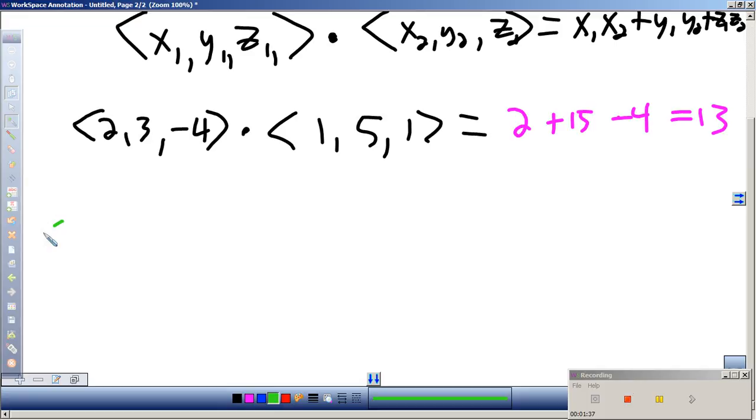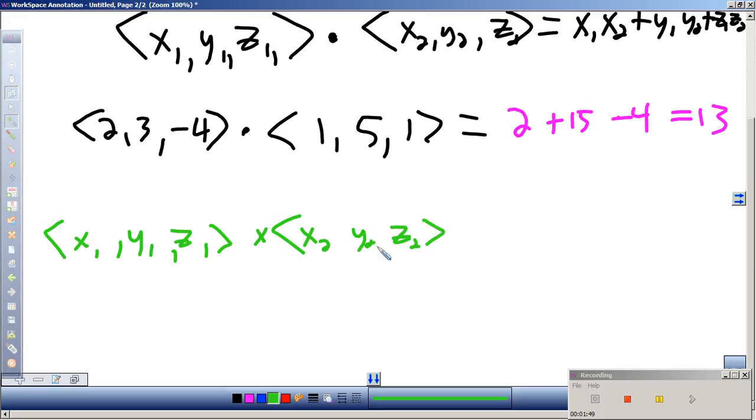For a cross product, we start with two vectors, x1, y1, z1, crossed with x2, y2, z2. So that was the dot product, and this is a cross product. So we do a cross instead of a dot.